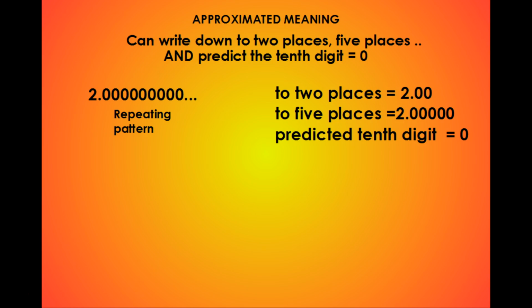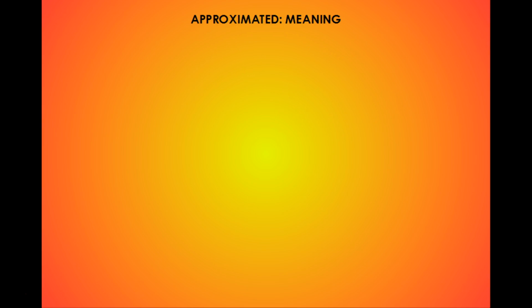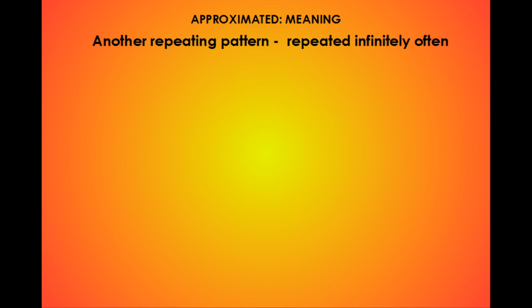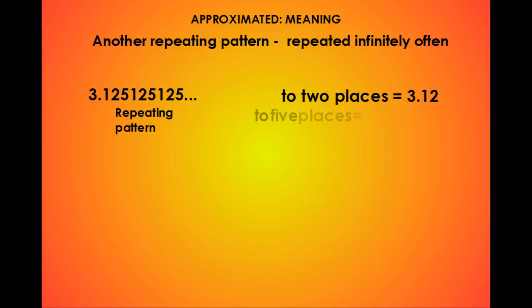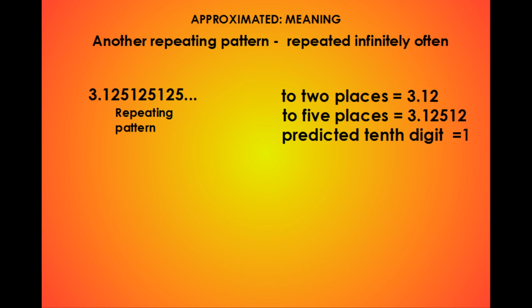Now let's have a look at another example of a repeating pattern, but this time not zeros, and this one is 3.125, 125, 125. Again, it's a repeating pattern, and there are just 9 digits written here. Again, we can write this down to 2 places, 3.12, to 5 places, 3.12512, and we can still predict the 10th digit as a 1. Why? Because it's a repeating pattern of 3 digits.